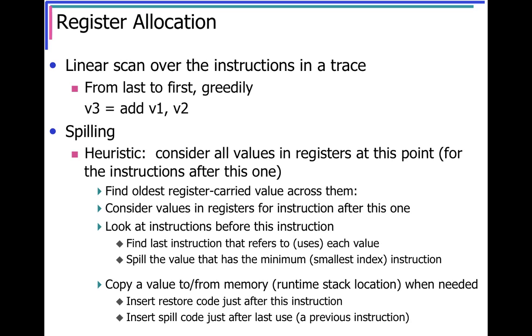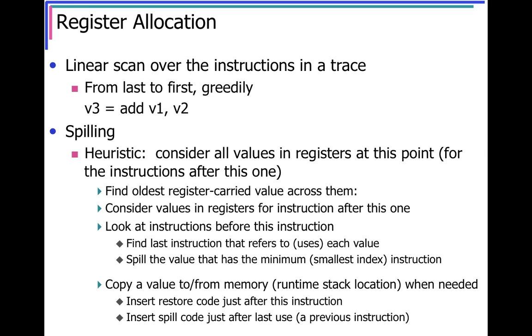The heuristic to spill is a little bit different than our register allocator for our linear scan allocation technique from JagSAR-VM that we discussed. What we do here is we look at the instruction that follows this one, and we look at what values are in registers. We consider each one of those values for spilling. For each of those values, we look at instructions that come before this instruction, and we identify the one that is the earliest, that is the farthest away in time from this instruction.